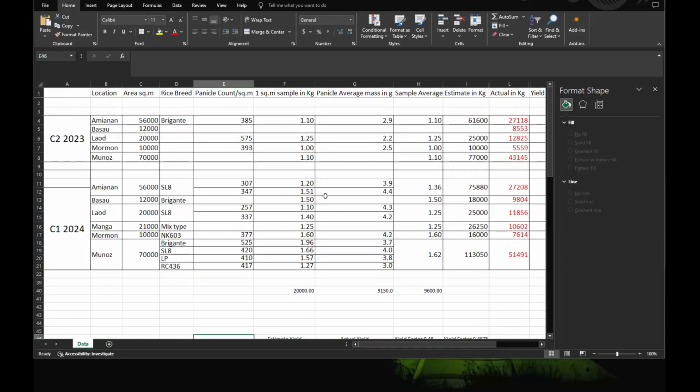I mean, estimates are quite huge, and then your actual is quite half, and you ask yourself why. The answer is, it is the way it is, and there's nothing much you can do about it.